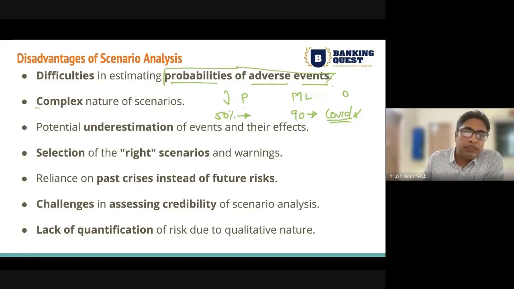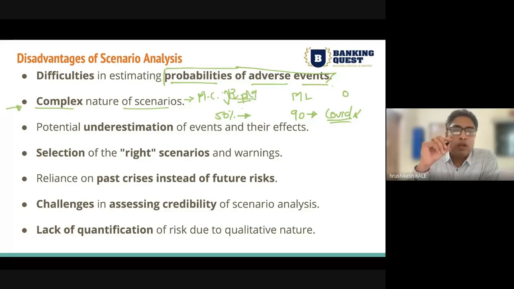Now, the complex nature of scenarios. When we use Monte Carlo simulation and a random number generator, it so happens that people with no technical background do not understand how this scenario popped up. Potential underestimation of events and their effects.